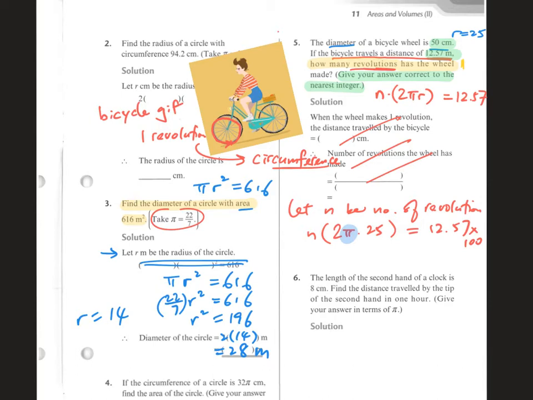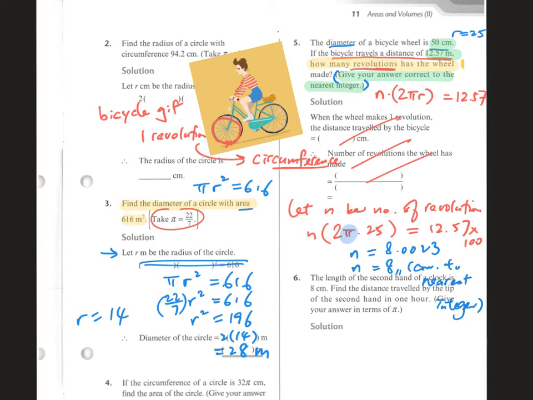And then finally, I've got n equal to 8.0023. That means the wheel will make 8 and a bit revolutions in traveling such a distance. As the question asks me to present the answer correct to the nearest integer, I write n equal to 8, correct to the nearest integer, not 100. That's all for the question.